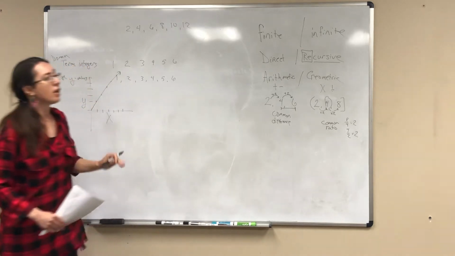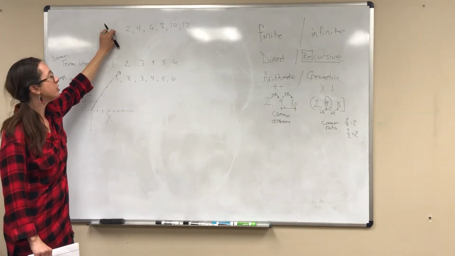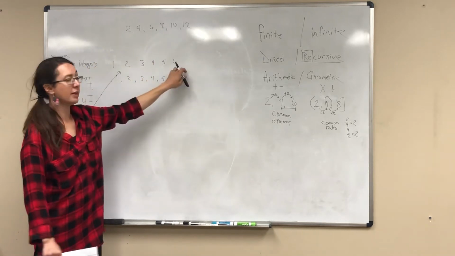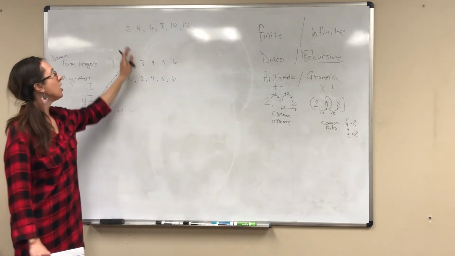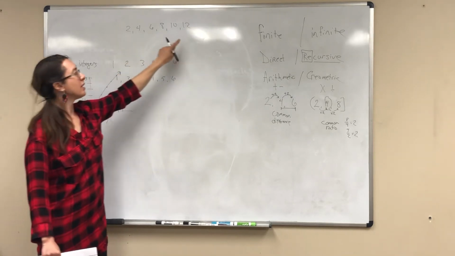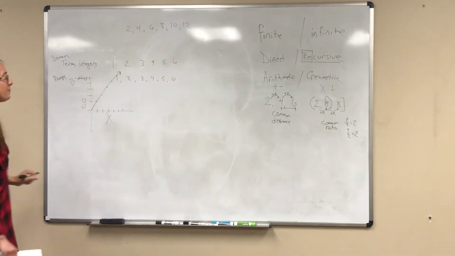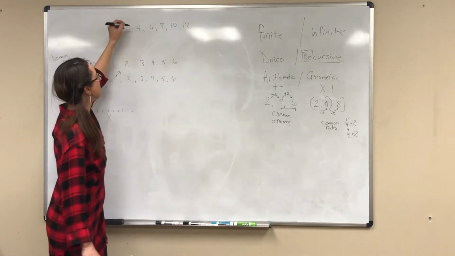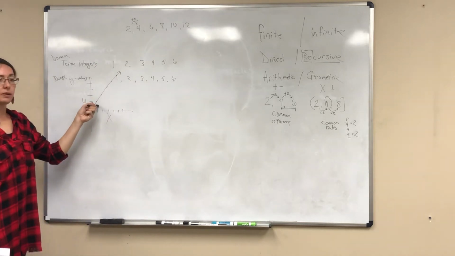Okay. The domain would be how many terms there are. So what is the domain of this one? 6. 6, because there are 6 terms, right? There would be 6 spots on the x-axis. The range would be 2 to 12. So the range would be up to 12, okay? Again, because this is an arithmetic sequence, because I am adding the same, if I graphed it, what would I get?